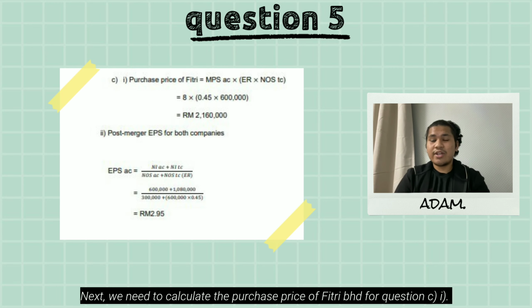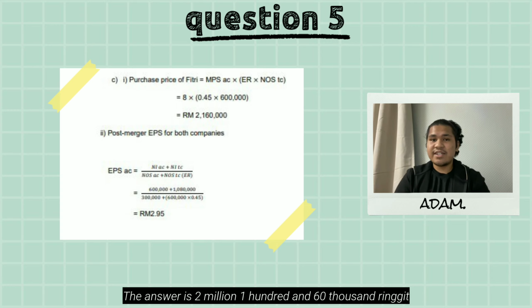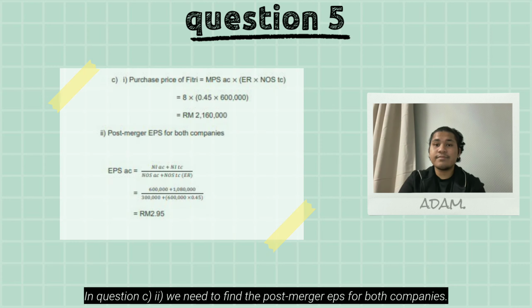Next, we need to calculate the purchase price of Fitri Berhad for question C1. The formula is MPS AC times (ER times NOS TC). The answer is 2,160,000 ringgit. In question C2, we need to find the post-merger EPS for both companies.